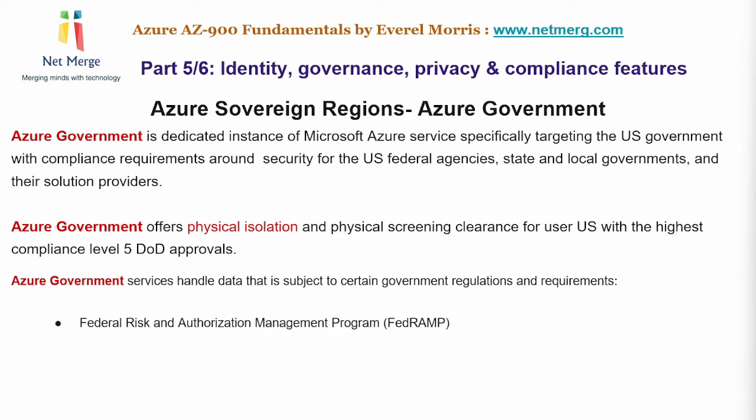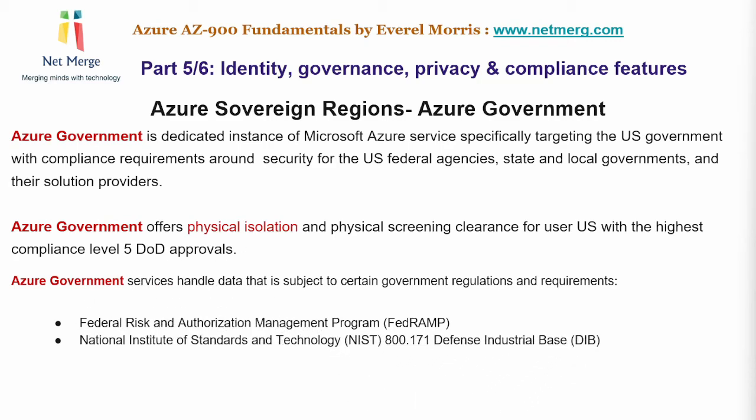So it's part of their compliance strategy. They have to follow that. Now, the Federal Risk and Authorization Management Program, FedRAMP, is an example. The National Institute of Standards and Technology, NIST 800-171, Defense Industrial Base, DIB, is another compliance that they would maintain. International Traffic in Arms Regulations, ITAR. They would also look at Internal Revenue Service, IRS 1075.